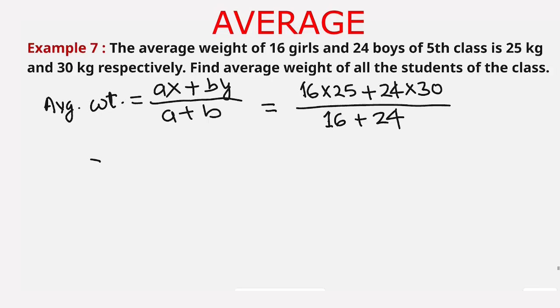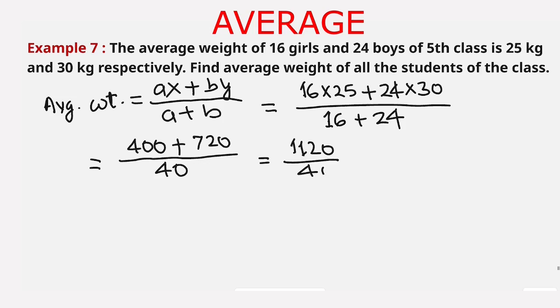So this is equal to 16 multiplied by 25 is 400, plus 24 multiplied by 30 is 720, divided by 16 plus 24 is 40. 400 plus 720 is 1120, divided by 40.